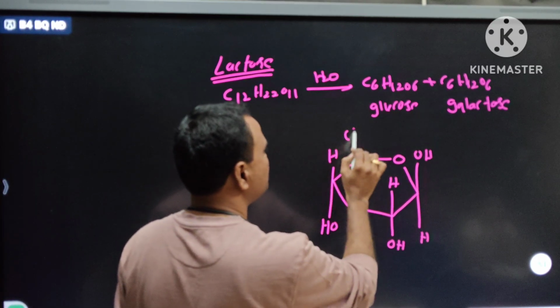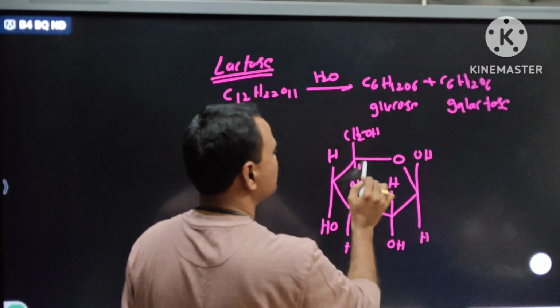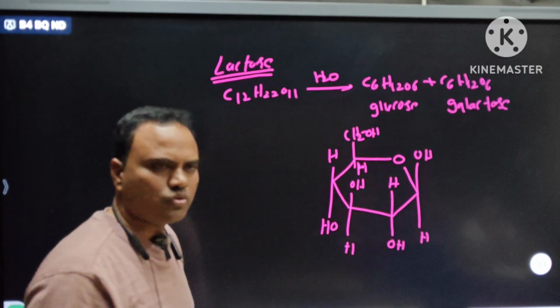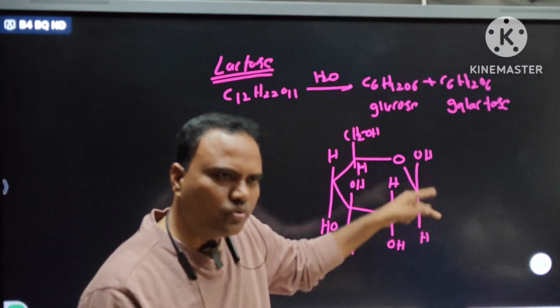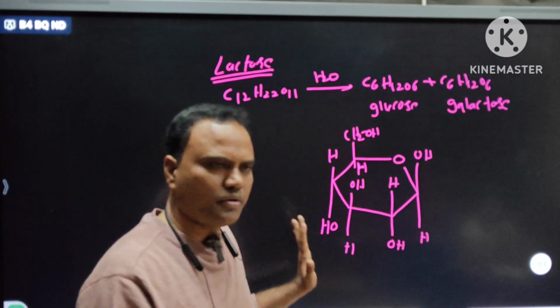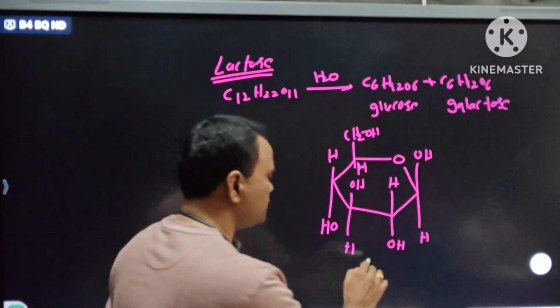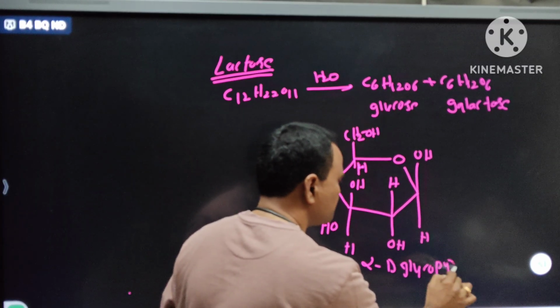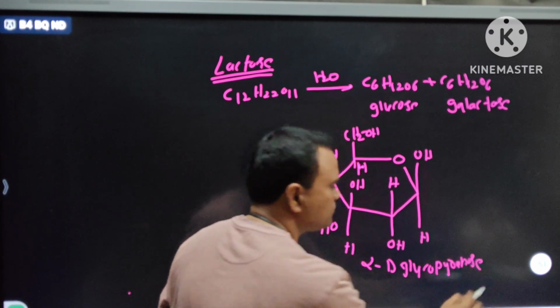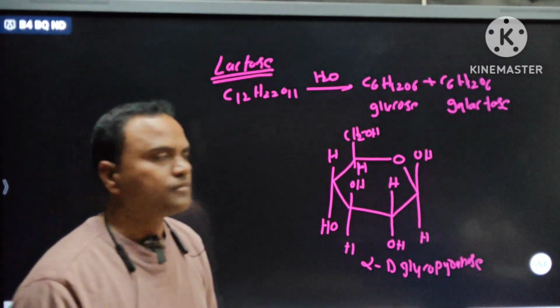First of all, I wrote beta D glucose, beta D glucopyranose. In alpha, OH will be down. In beta, OH is up. Remaining is the same. This is alpha D glucose or glucopyranose. Galactose.